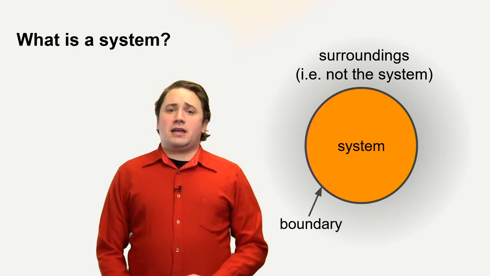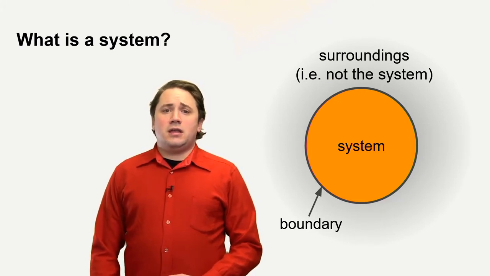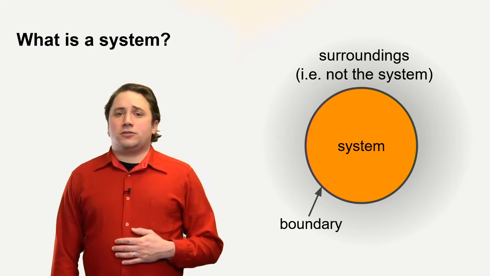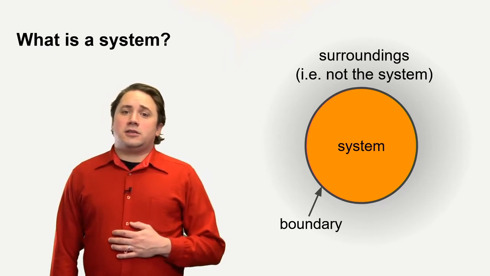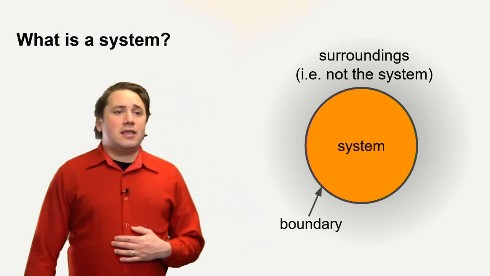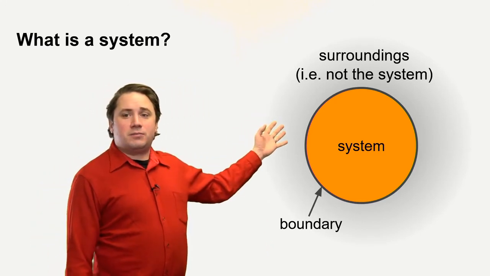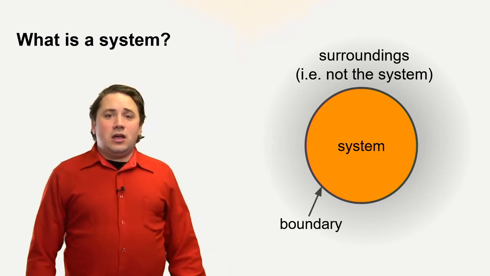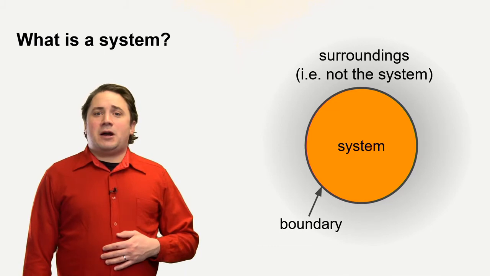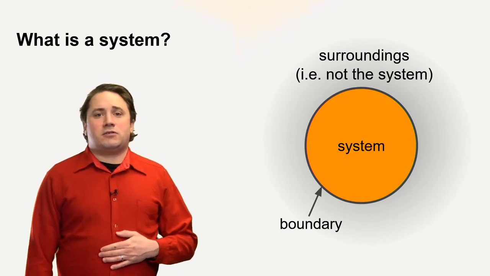But you can only arrive at that definition if you consider a system not as something actual that exists in the world, but instead as a human construct, as a tool that allows us to interrogate what's happening in an object of interest. And that tool is simply to draw a boundary around something and say that everything within that boundary is part of the system, and everything outside of that boundary is not part of the system, it's part of the surroundings.